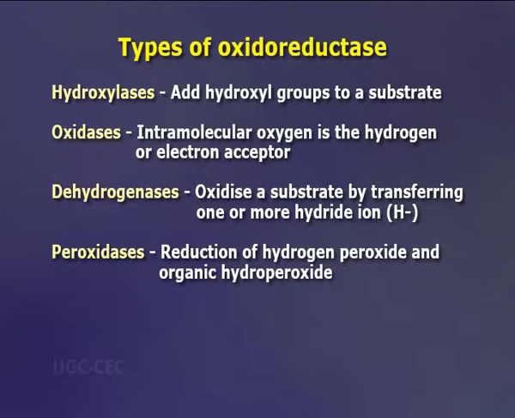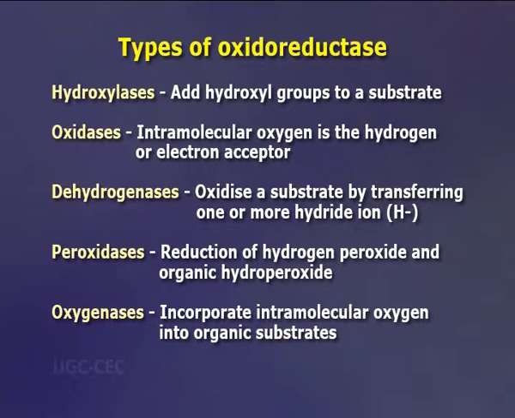Peroxidases catalyze reduction of hydrogen peroxide and organic hydroperoxides. Oxygenases incorporate intramolecular oxygen into organic substrates. Reductases catalyze reduction.